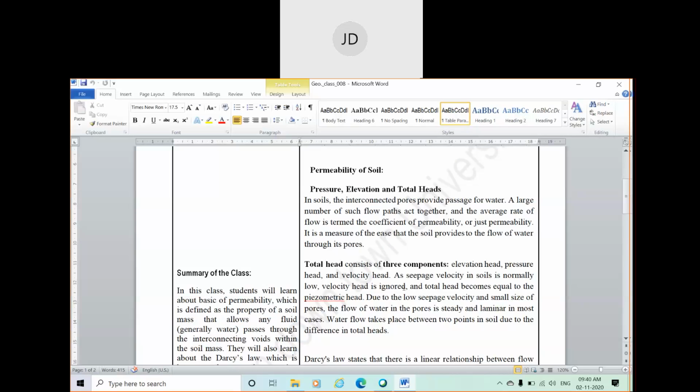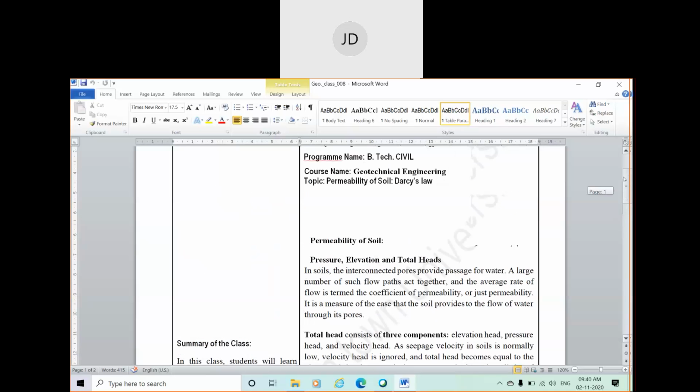As the velocity in soil is normally low, that means the speed of the flow is very small, the velocity head is ignored, and the total head becomes equal to the piezometric head. Piezometric head measures the pressure head, isn't it?